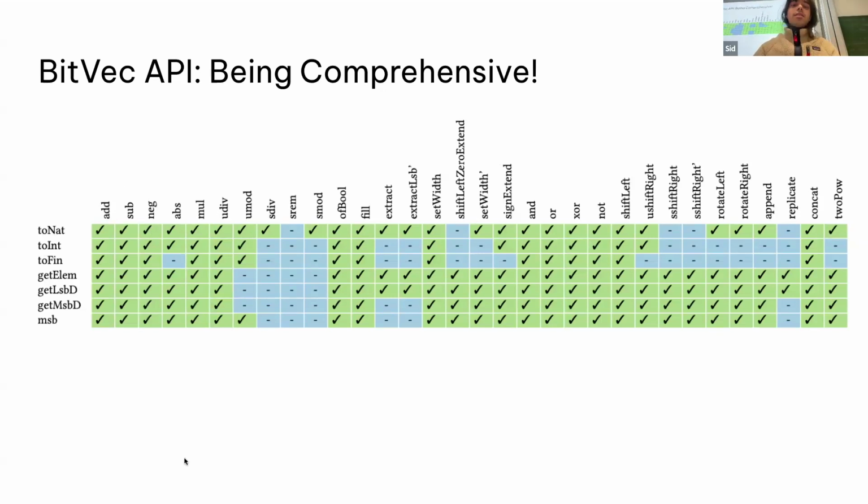This table keeps track of how many of the interactions we possess, more or less. In some cases, it's hard to write really sensible theorems. Suppose you take a Bitvector and you copy it 3 times and you ask, what does it mean as a natural number? It's fairly hard to say what that means as a natural number or as an integer. So in some cases, we just say, okay, no theorem is going to be written because there's nothing useful I can say in this case. But in most cases, you can say something sensible, at least in some subset of cases.